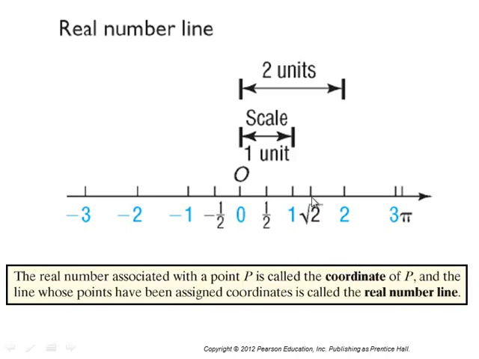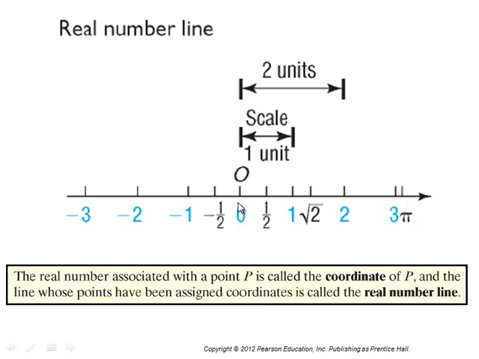Anyway, if it's 1.4, say, then that should be 4/10 the distance between 1 and 2. Here you got pi. Remember, pi is 3.14159, so it's a little bit beyond the 3 tick mark.